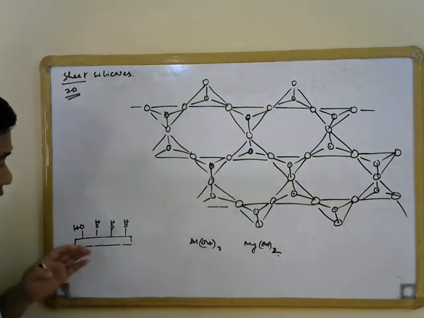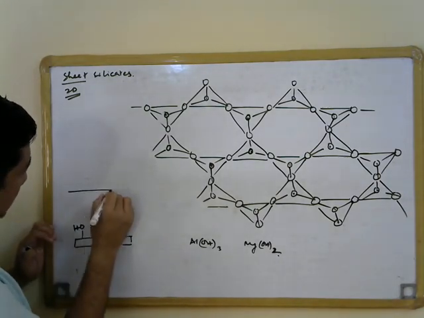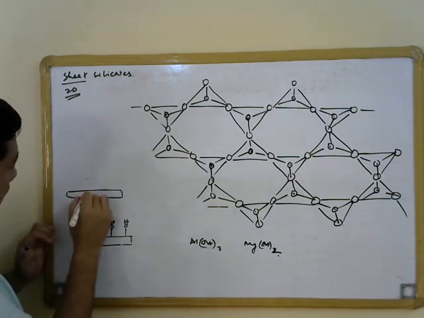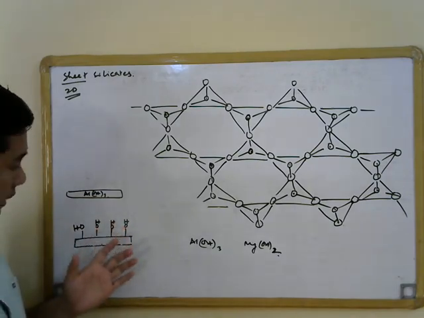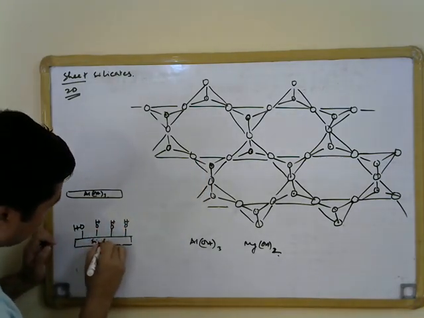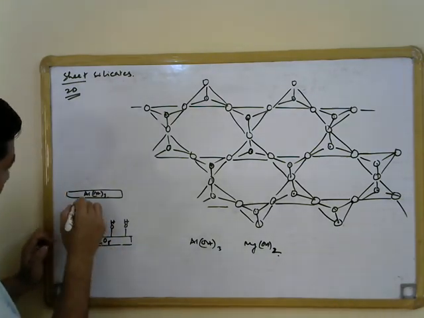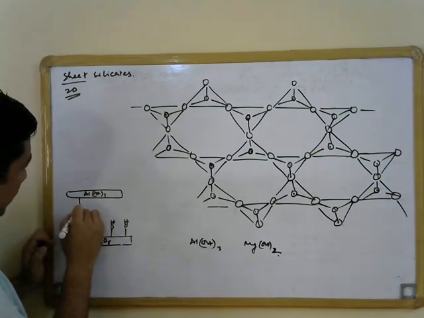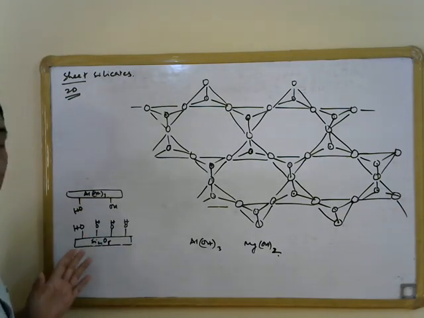So what happens if we take an Al(OH)3 layer over the sheet silicate structure, say Si2O5? Then some of the OH groups are going to lie exactly on top of each other in this way.